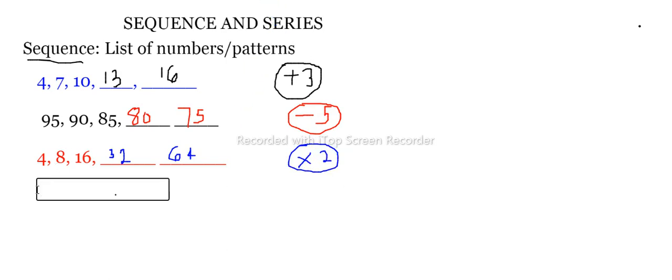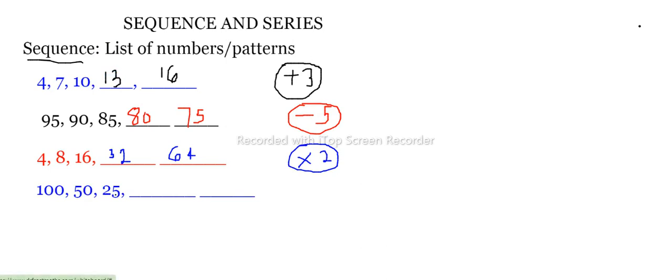So we can have another pattern. Let's say I have 100, 50, 25. If I look at this pattern, the first one is 100, the next one is 50, the next one is 25. So we have to guess this. It's like I divided by 2. So 100 divided by 2 will give us 50. 50 divided by 2 will give us 25.